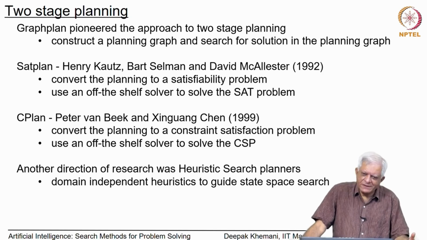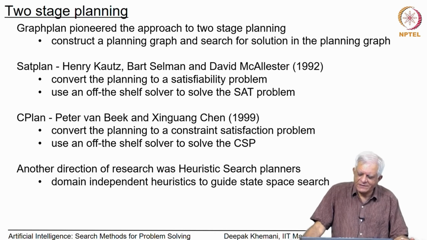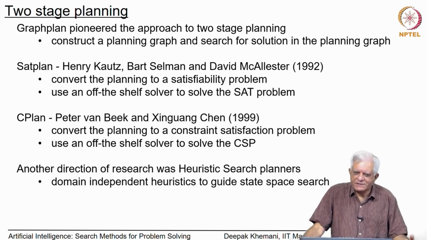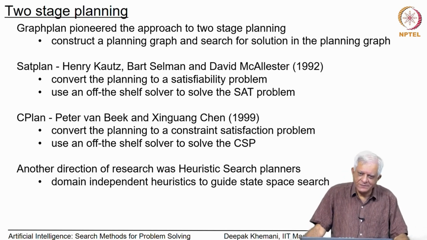The idea of domain independent heuristics is to reduce the planning problem to something called a relaxed problem, which can be solved in, let us say, polynomial time, and use that relaxed problem to estimate a distance to the goal. So, the heuristics that we are talking about do not come from the domain, they are not given to us by the user, but they are constructed by the algorithm themselves, and this has also been a very profitable area of research for people working in planning.